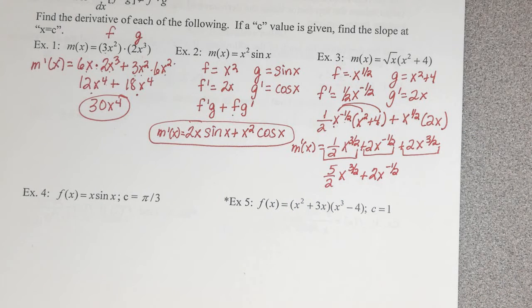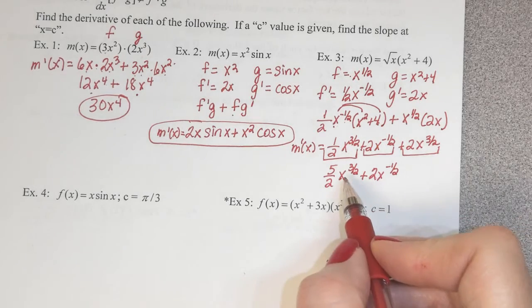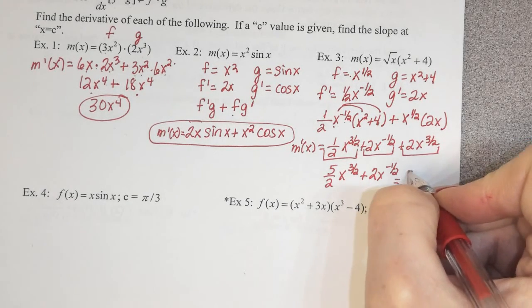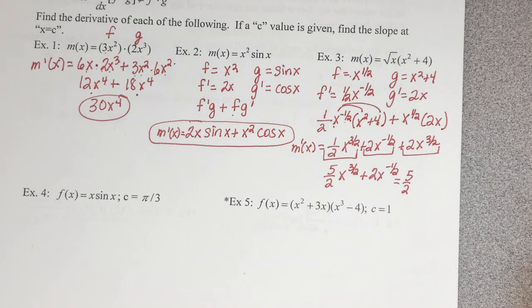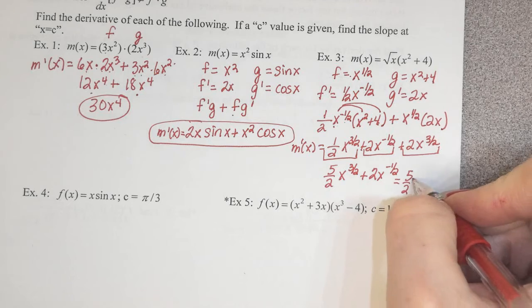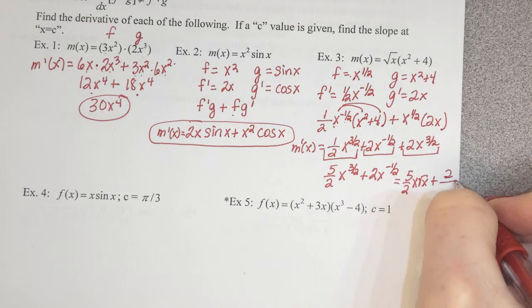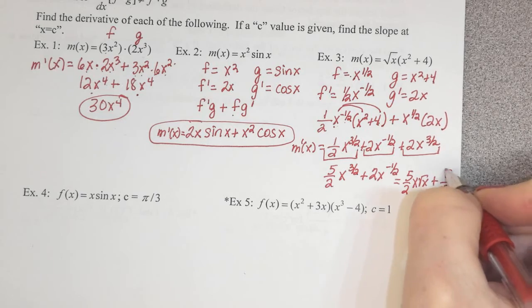Well, didn't we just do this a minute ago? What is another name for x to the 3 halves? 5 halves what? In radical form? X radical x plus 2 over radical x.